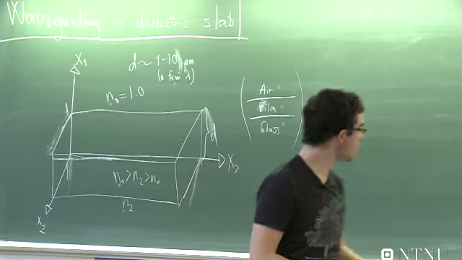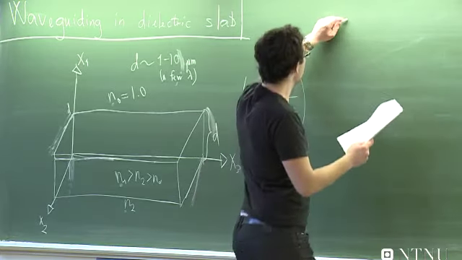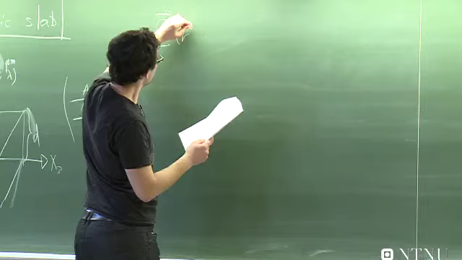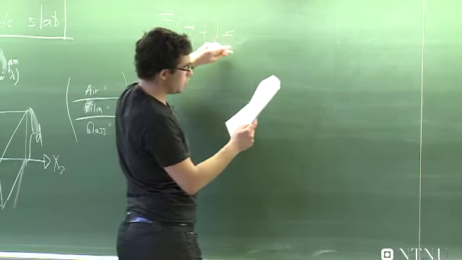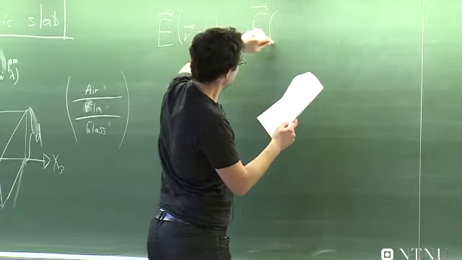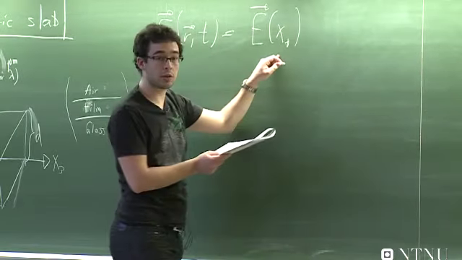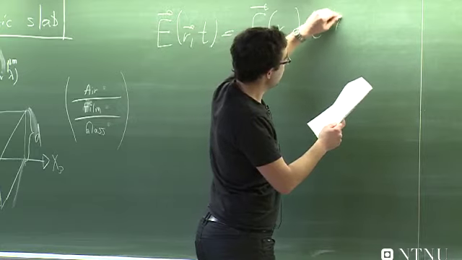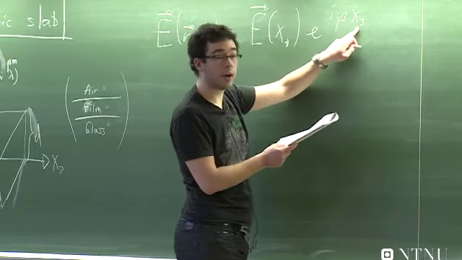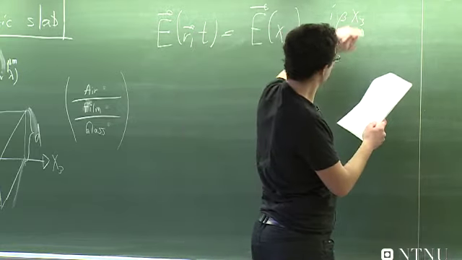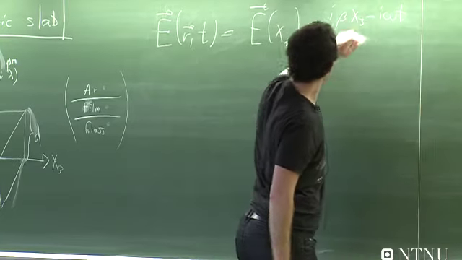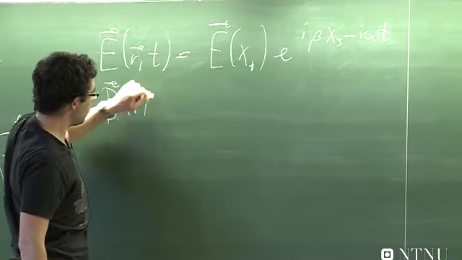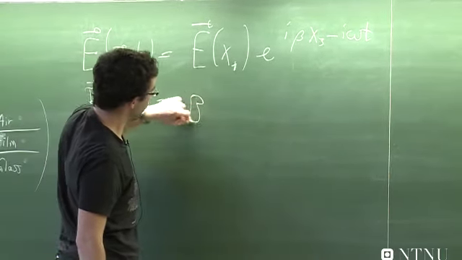And we made an ansatz for the electric field and the magnetic field, which was some vector which depended only on X1 because we have invariance in the X2 direction and propagation in the X3 direction. And the B field has the same form.